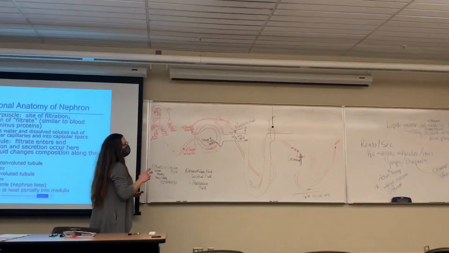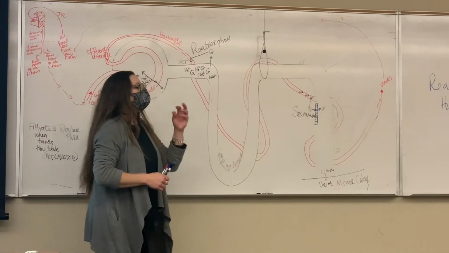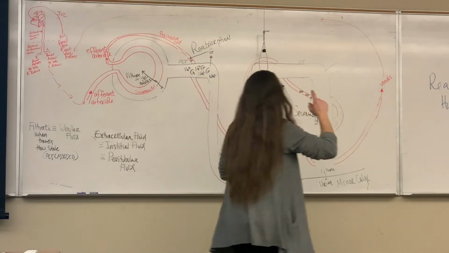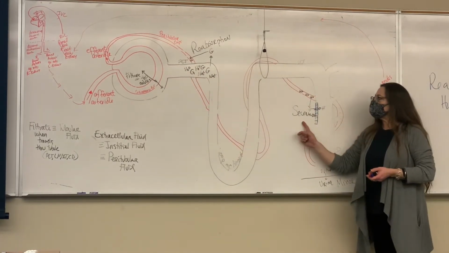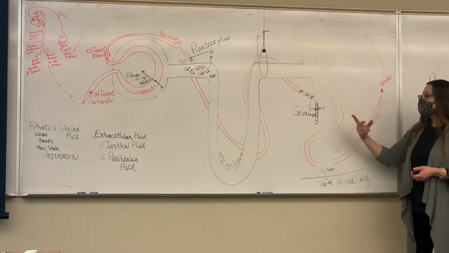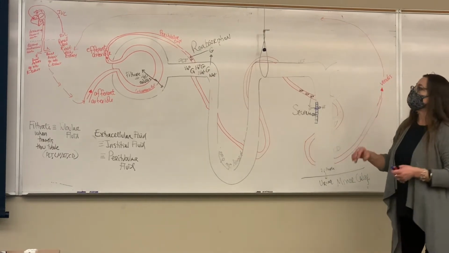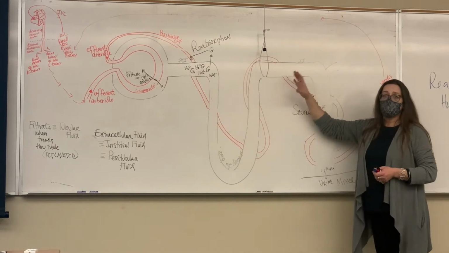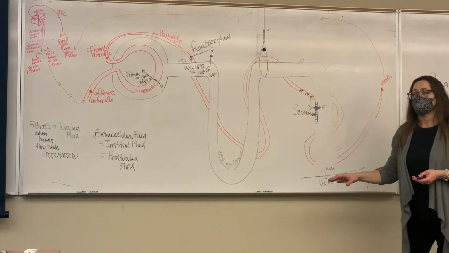When you go to study, one of the first things that you want to do is make sure when I say the word secretion, you automatically have an idea what direction the movement's occurring. So secretion is gonna be taking from the blood, putting into the filtrate. Second, you want to automatically be thinking where it's happening. So it's gonna be happening somewhere between the renal tubule, the filtrate that's in the renal tubule, and the blood that's in the peritubular capillaries.